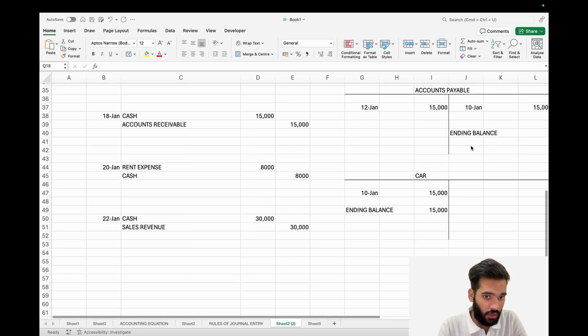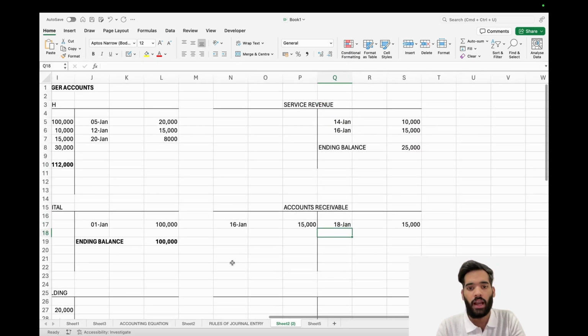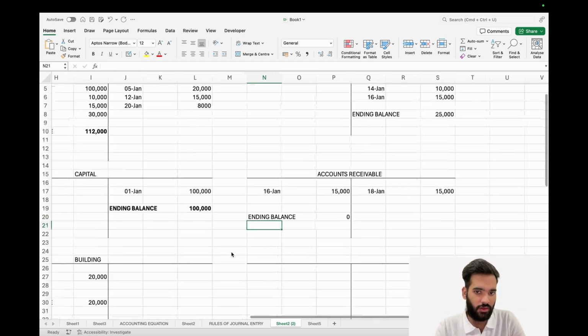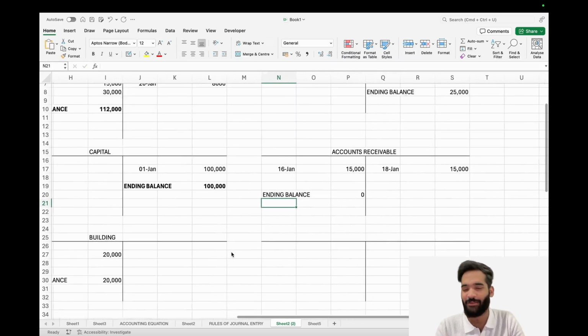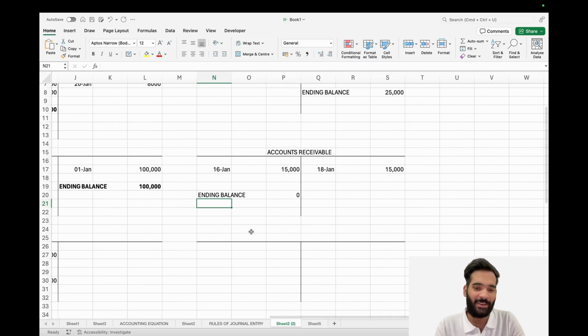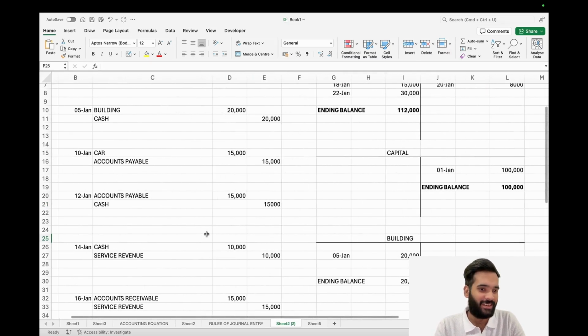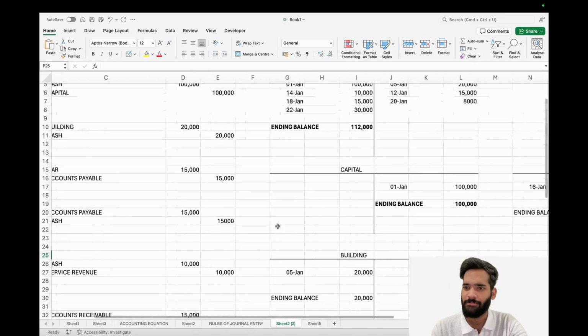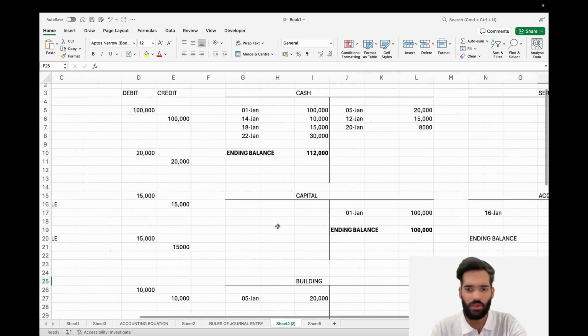I don't think so. So that means accounts receivable also has an ending balance of 0. Some weird things going on here. Accounts payable and accounts receivable are 0. Of course, that's fine because that's the real balance. But I guess unconsciously I put the debit and credit as equal amounts in the entry. So we are pretty good so far.